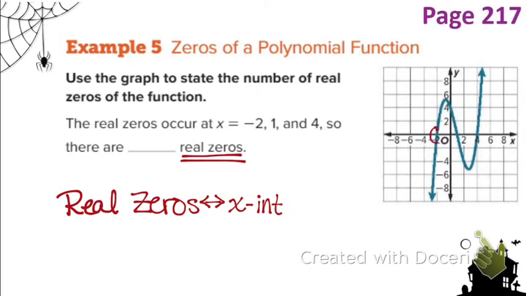Let's count them. 1 right here. 1 right here. Are there any others? 1 right here. I have 3 x-intercepts. And so that means I have 3 real zeros. So far, so good? Right.